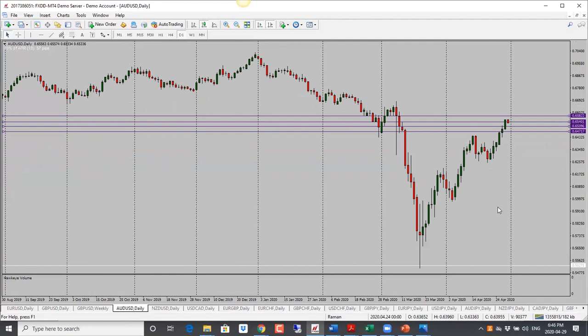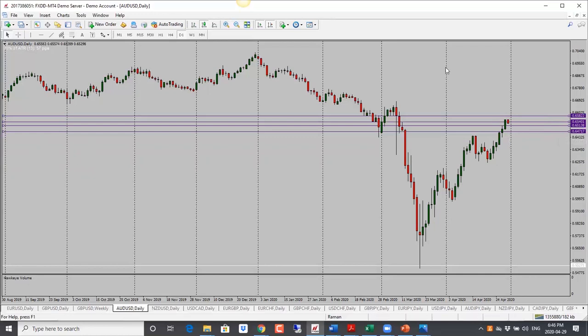Aussie dollar here, this one has been very bullish because of the positive risk sentiment. When the stock markets go up, Australian dollar and New Zealand dollar tend to go higher, and we have seen that. Now the candle close on the daily is very, very bullish, so bias is bullish in this case. I'm looking for a pullback into 0.6500.